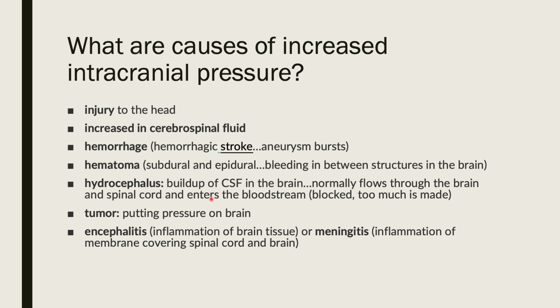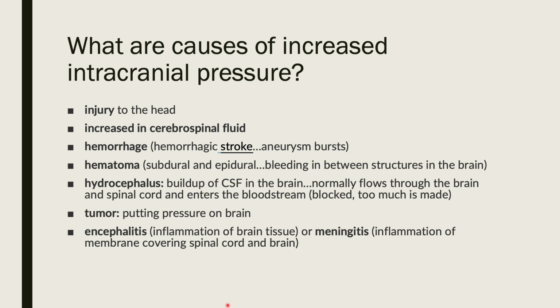This is a buildup of that CSF in the brain. It normally flows through the brain and the spinal cord and enters the bloodstream. But if it's blocked or too much is made, that's what's going to cause it to back up into the brain. Okay? A tumor, that's brain tissue overgrowth.